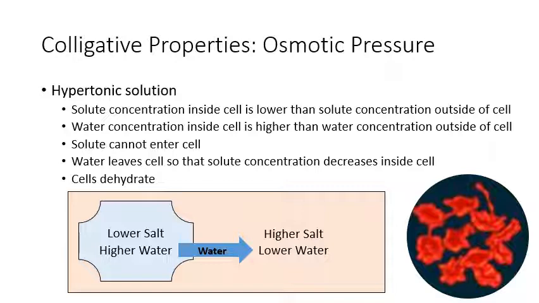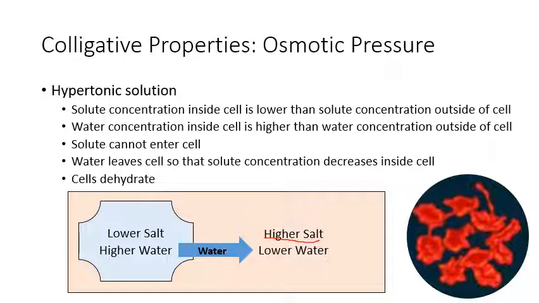So we already talked about if you have too much water in the cell compared to outside the cell. And the reason you have too much water in the cell is because there's salts and stuff in the cell. But if there's more salt outside the cell, the water is going to go from the high water environment to the lower one, because if there's high salt outside the cell, that means there's a little bit less water. The salts are taking the place of where some of the water molecules would be.